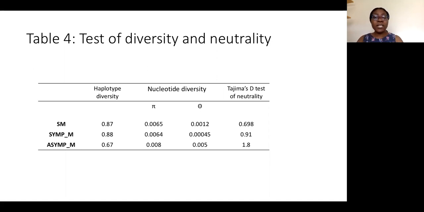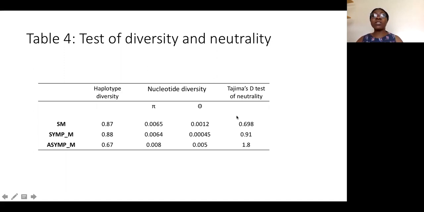So what we can tell here from our result is that there were not many differences between any two sequences in any of the groups. As we can see here, the range of value for this also ranges from 0 to 1. So as you can see here, the diversity or the differences between sequences in each of these groups was very low. This was also observed for this other nucleotide diversity test.